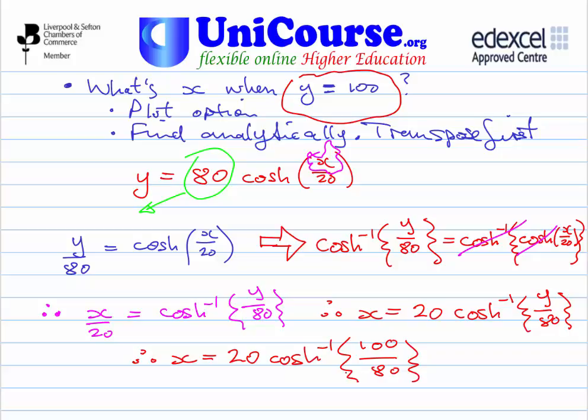Okay, 100 over 80 is 1.25, so you find the cosh minus 1 of 1.25 and you multiply that by 20. Okay, and you should be getting an answer around about 13.86. Yep. Okay, so let's move on and let's have a look at this problem actually on the graph simulator.